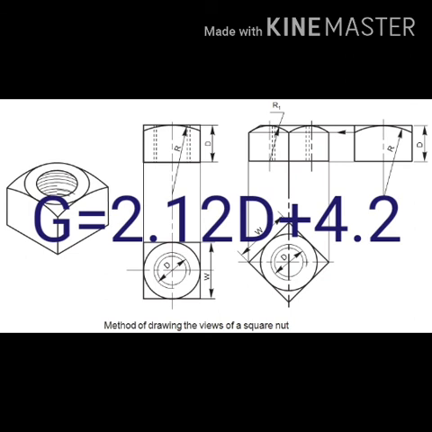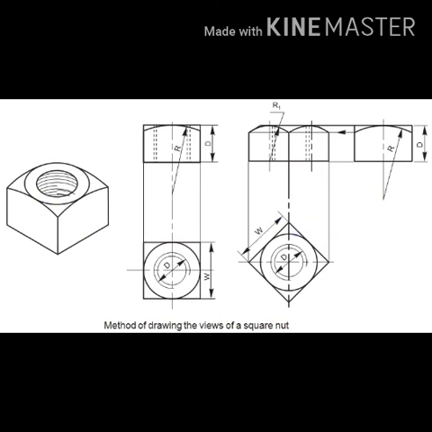All other parameters, especially the radius, minor diameter and height, are the same as in the case of the hexagonal nut. Here also in the plan there are 3 circles. One circle is passing through the sides of the square. That circle is formed when we perform a chamfering operation on the nuts.